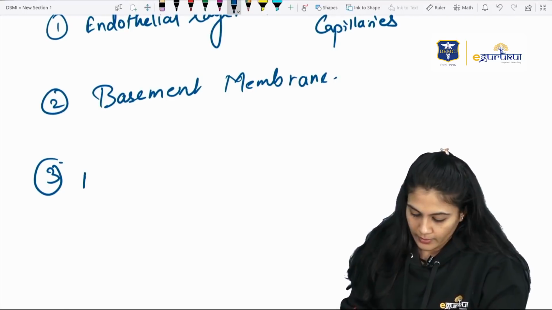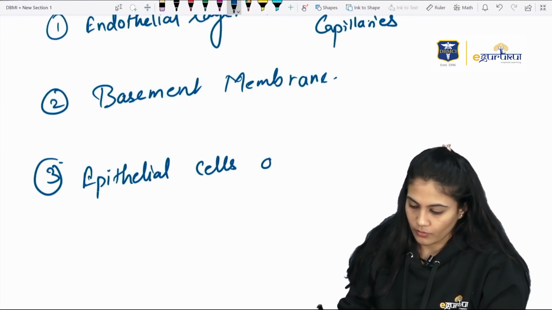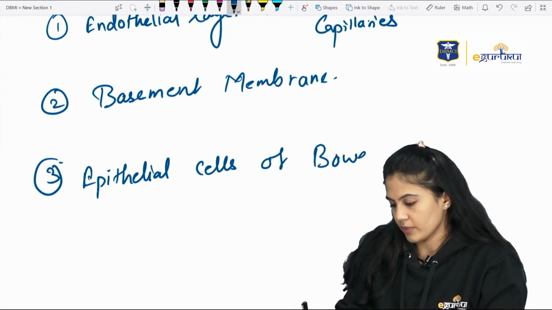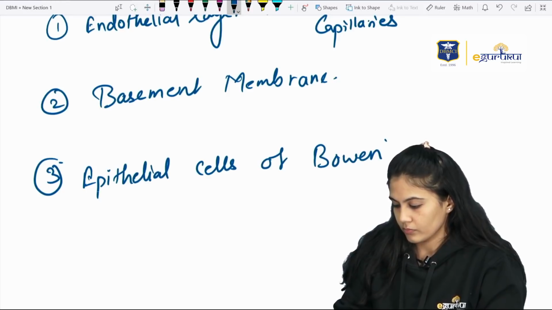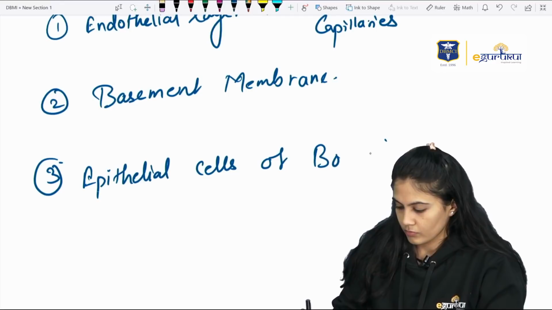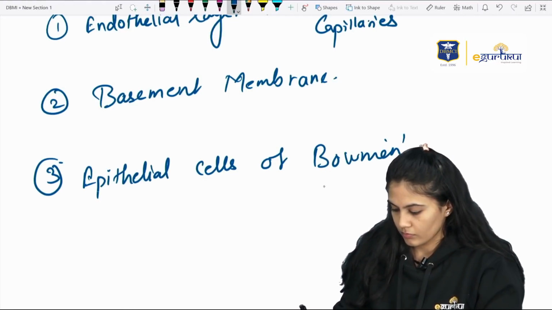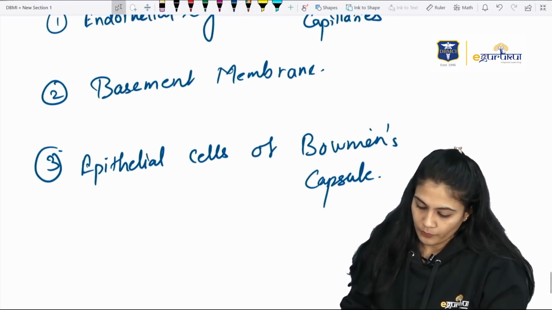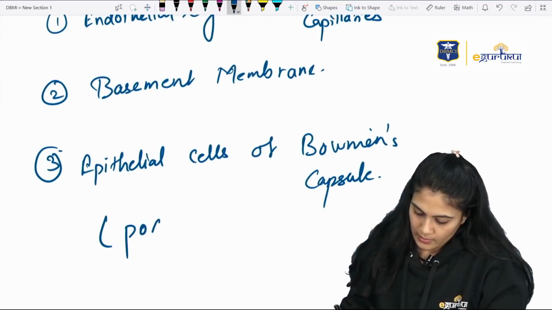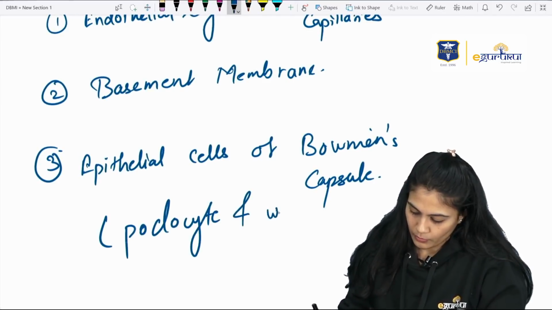We will talk about that. And the third layer is the epithelial cells of Bowman's capsule. In that they contain podocytes, with their foot processes.